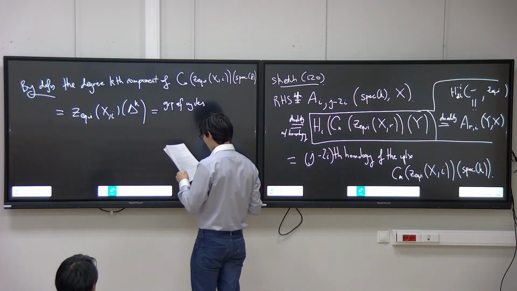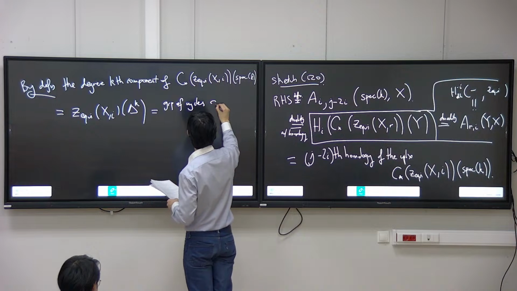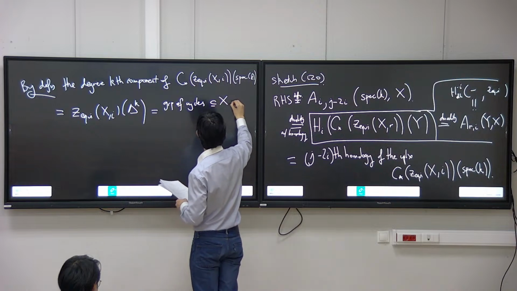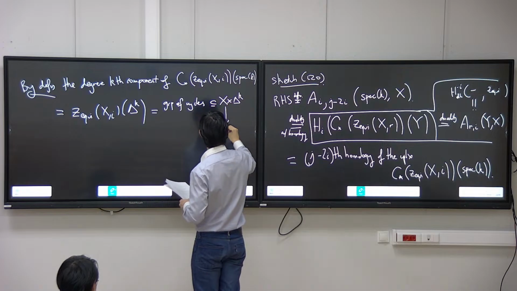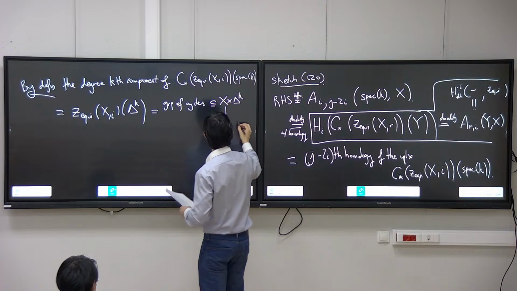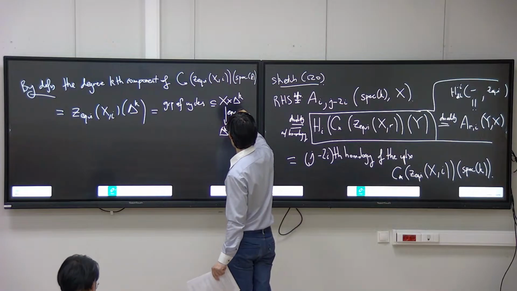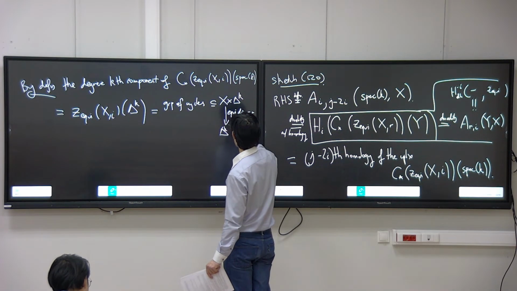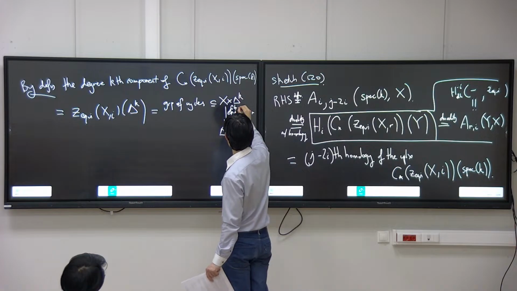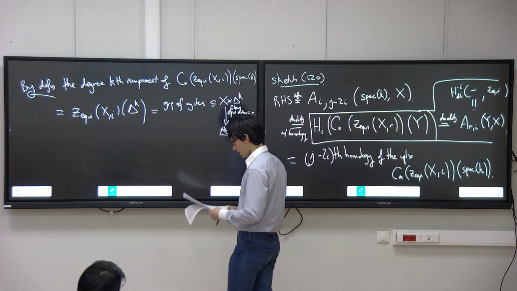contained in X times Delta^k, which are equidimensional, with fibers of dimension equal to i, over Delta^k.